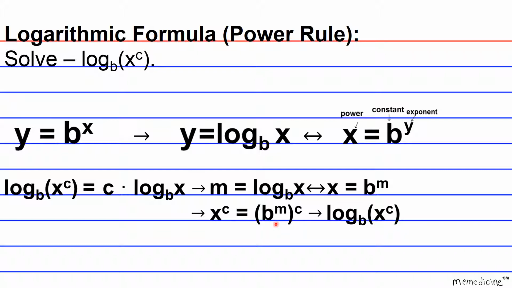So we have the log base b of x to the c is going to be equivalent to the log base b of b raised to the mc. And remember that from properties of exponents, if you're raising an exponent expression to another exponent, you simply multiply those exponents. That's why they're grouped on the left-hand side, okay?